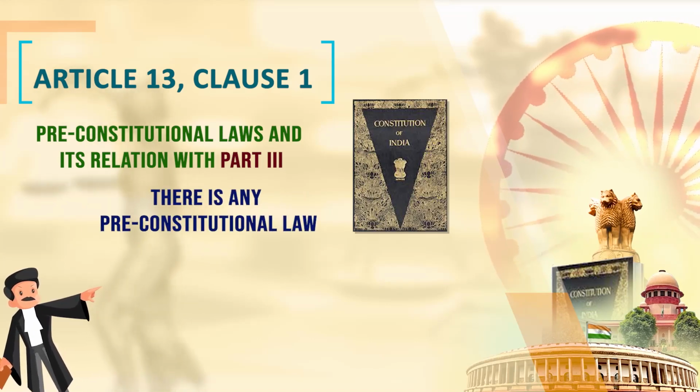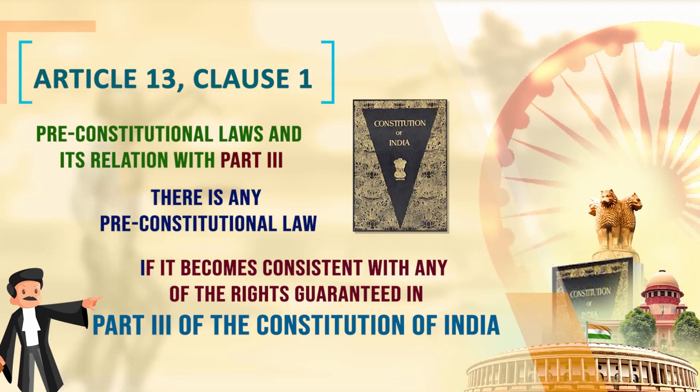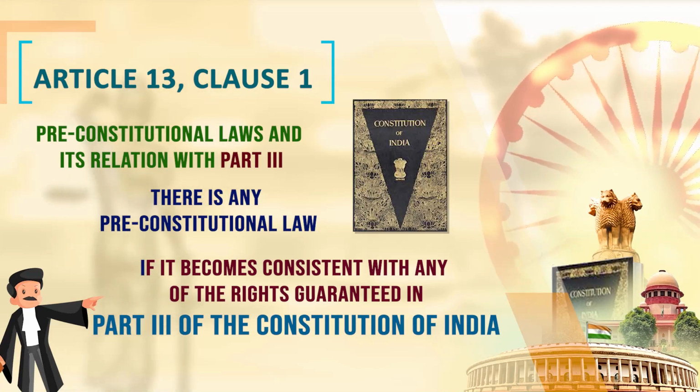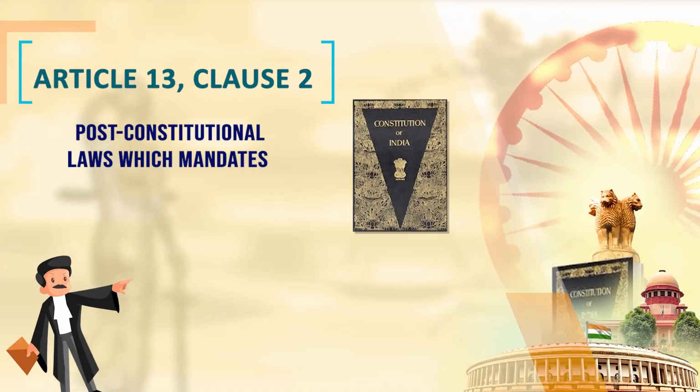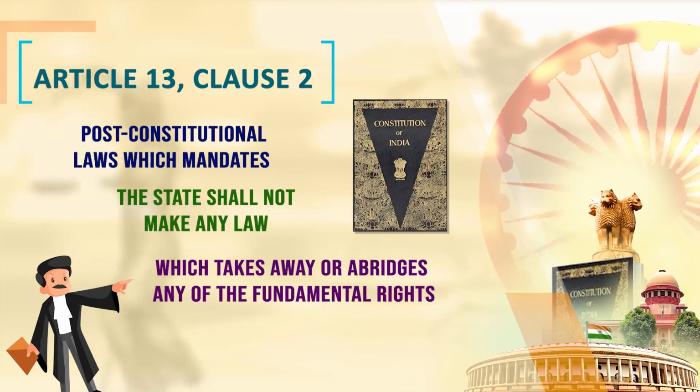So if there is any pre-constitutional law and if it becomes inconsistent with any of the rights guaranteed in Part 3 of the Constitution of India, then to the extent of such inconsistency, it becomes void. Similarly, Article 13.2 says that the state shall not make any law which takes away or abridges any of the fundamental rights, and if any law is made in contravention of this clause, Part 3 of the Constitution of India, then to the extent of such contravention, it would be void.